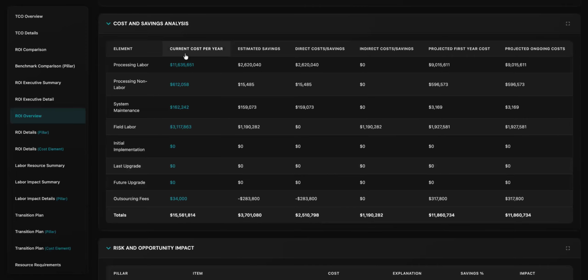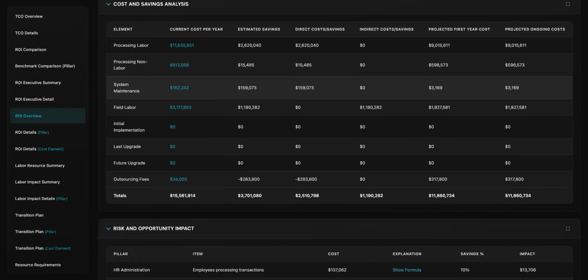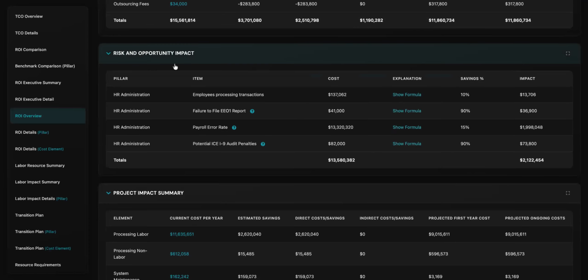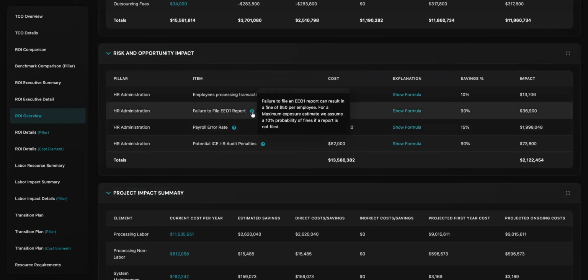This table is going to give us the current cost, the estimated savings, what portion of that is direct versus indirect, and then forecast the first year and ongoing years ROI for us. We also have all the risk and opportunity impact items here. These are going to have additional information that if we want to look at, we can.